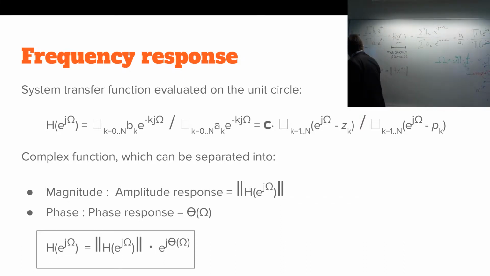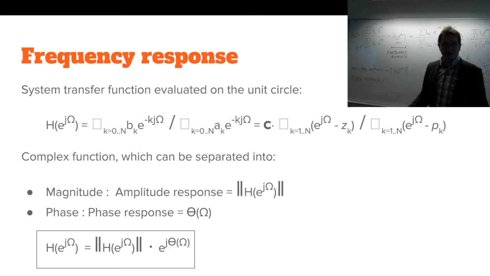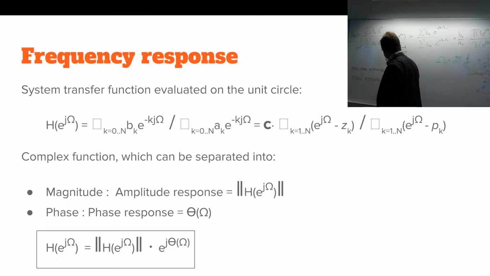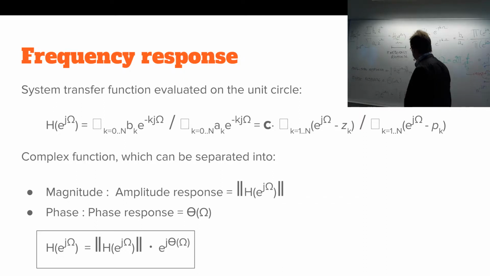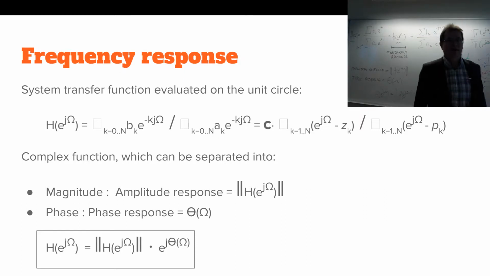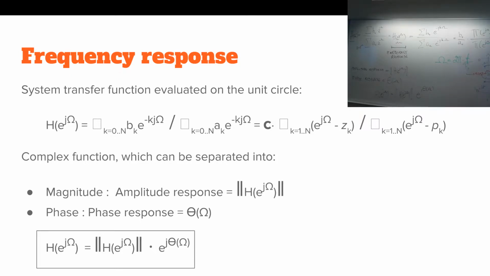The phase response is the complex angle of that, such that your H(e^jω) is simply the magnitude times e to the j theta of omega.